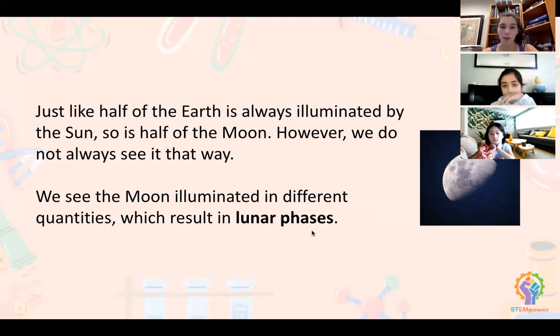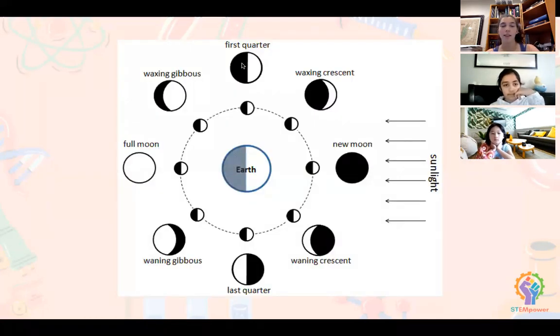So here are all of the lunar phases that we have. Imagining that the sunlight comes from here, if you have a completely dark moon, then it would be a new moon.